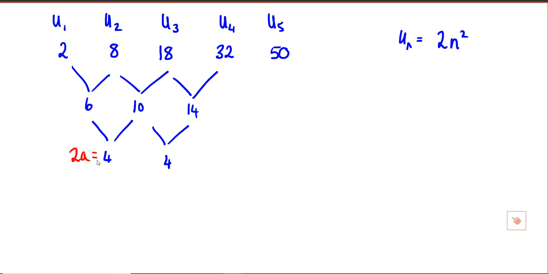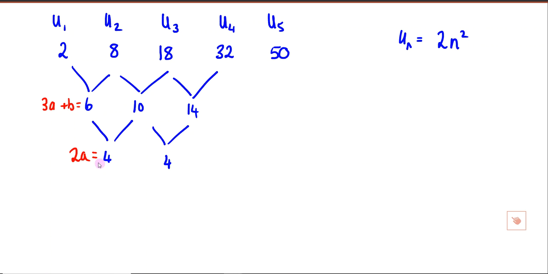Do you remember I said that? What was the algebraic term for the first one in the first line? 3a plus b. Got that? So what can I do now?